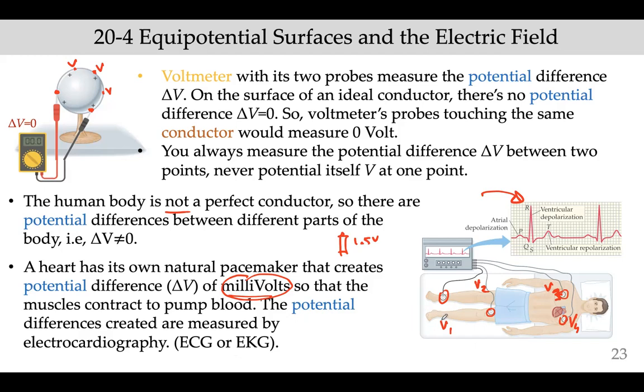Again, the reason we have different potentials on human skin is that even though the human skin is a conductor, it's not a perfect conductor. The same potential only happens on the surface of a perfect conductor. When you have an imperfect conductor, you have some differences in potential, and indeed you can measure it.